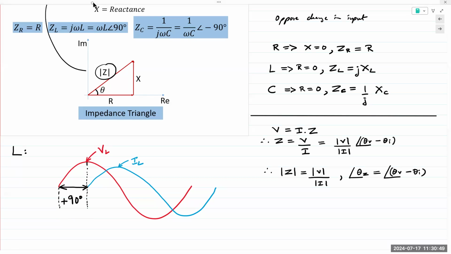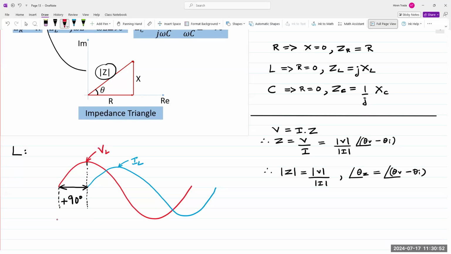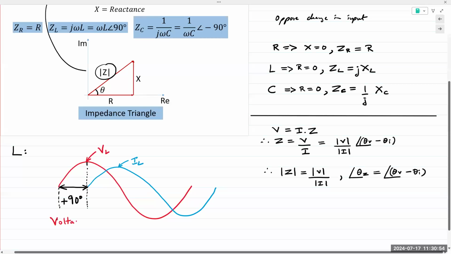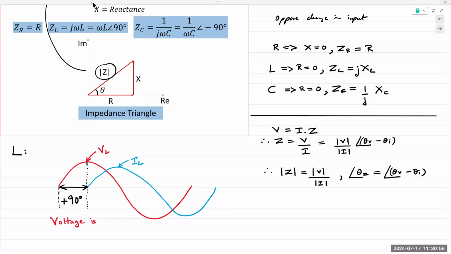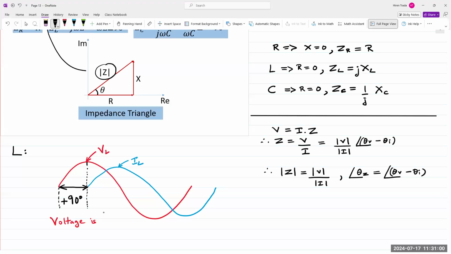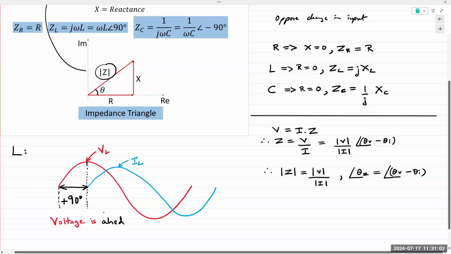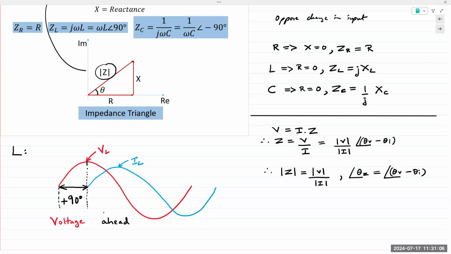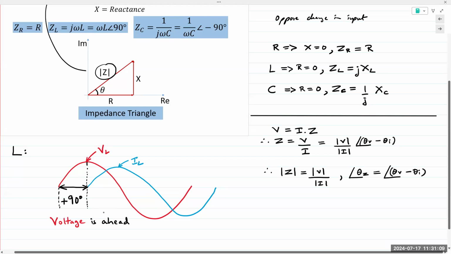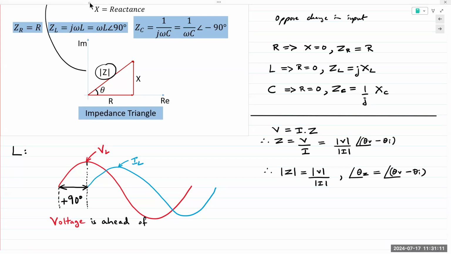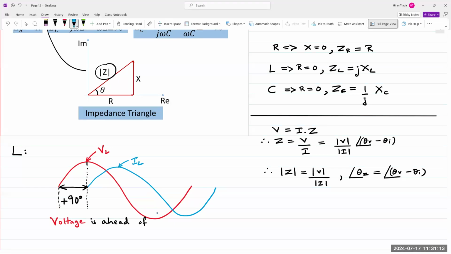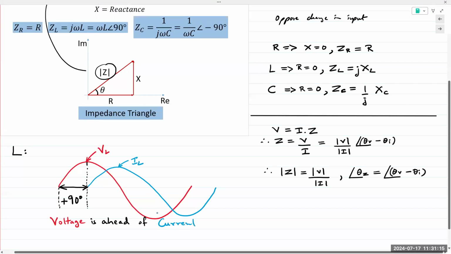Let me write, since I'm using color notations, the voltage is ahead of the current.